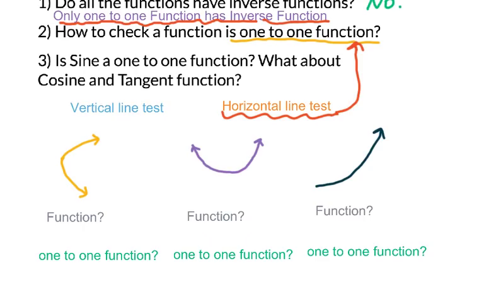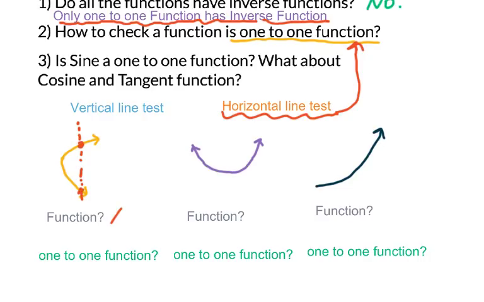Let's recall the vertical line test. We use a vertical line to test whether a graph is a function or not. Let's look at the first graph. First of all, use a vertical line to test whether this graph is a function or not. We found two intersections.